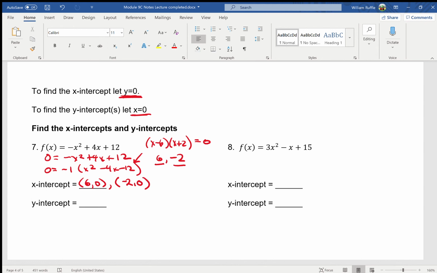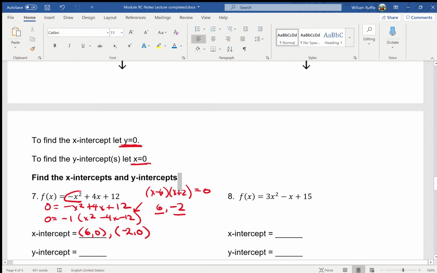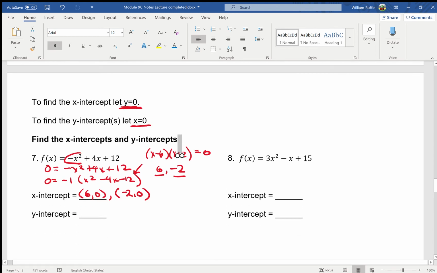Now, the other way of doing this question, I'm going to try to do right below here. I could use the quadratic formula. All right, so remember it's negative b plus or minus the square root of b squared minus 4ac, all over 2a.